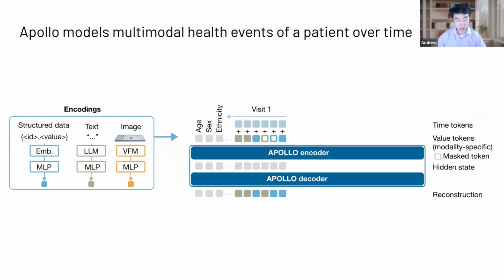So to get into the architecture a bit, the core idea of Apollo is to bring everything into a unimodal embedding space. Whereas previously you had structured data from the tables, you had text data and you had image data, and these all occupy different semantic spaces.